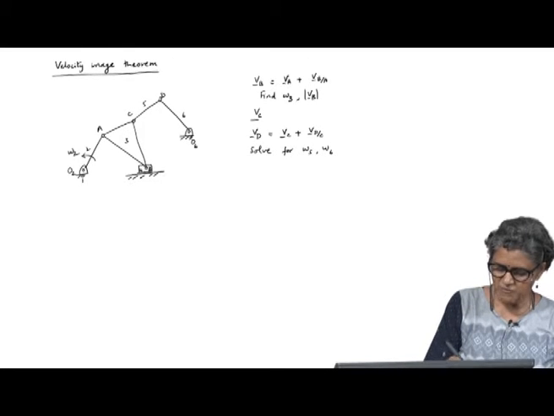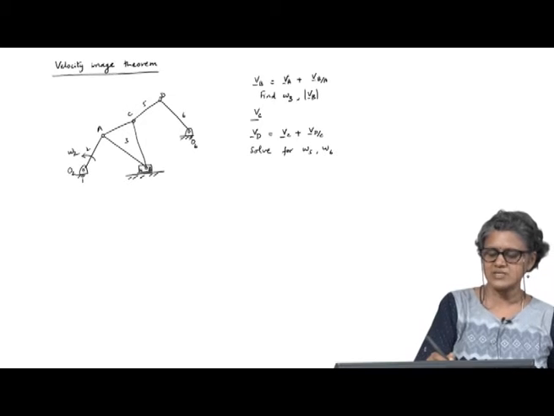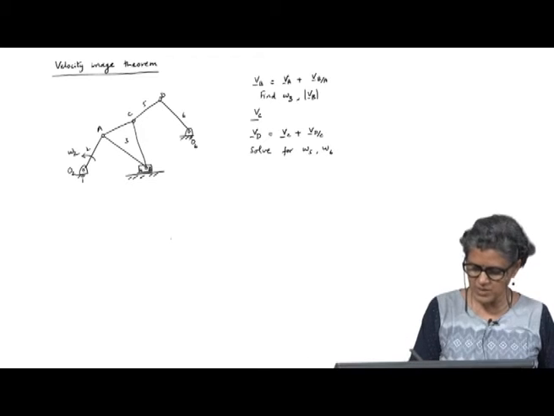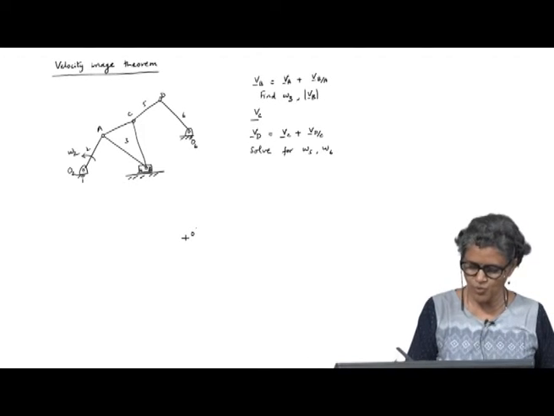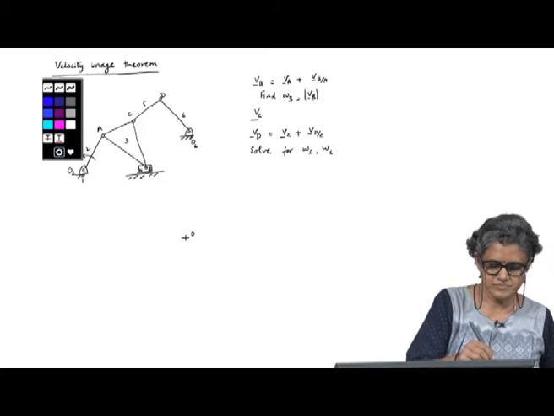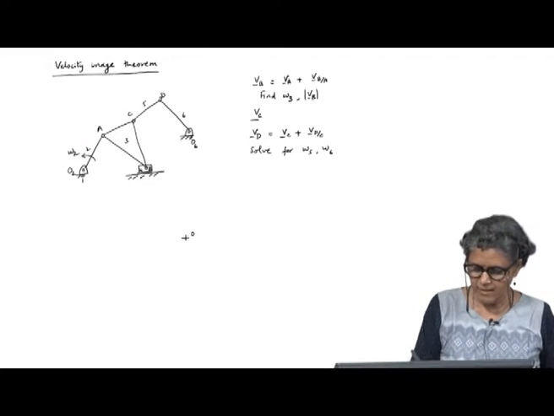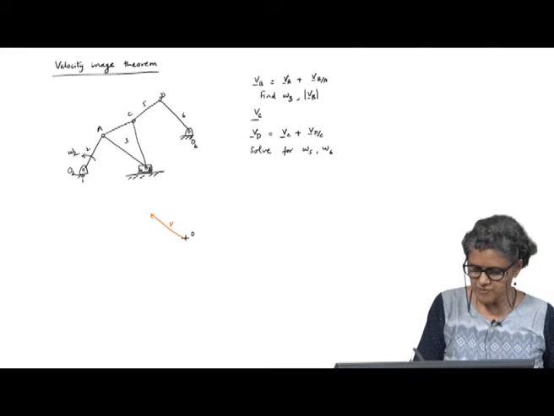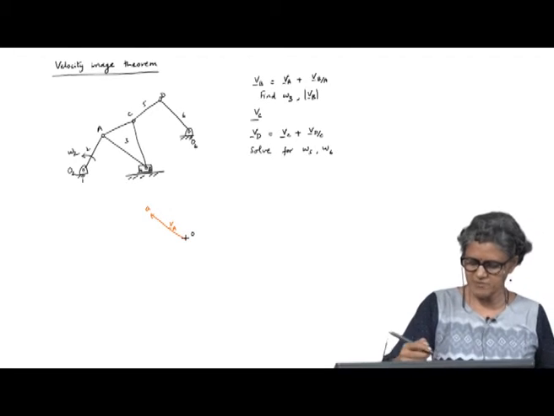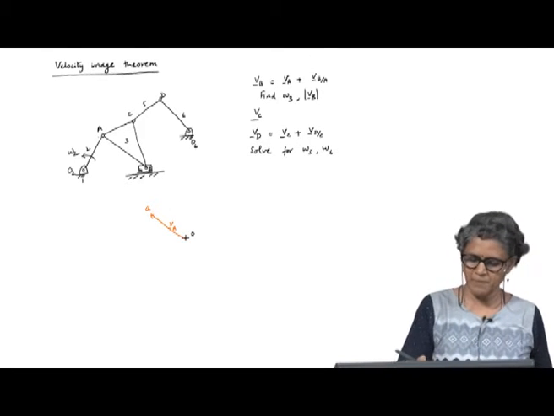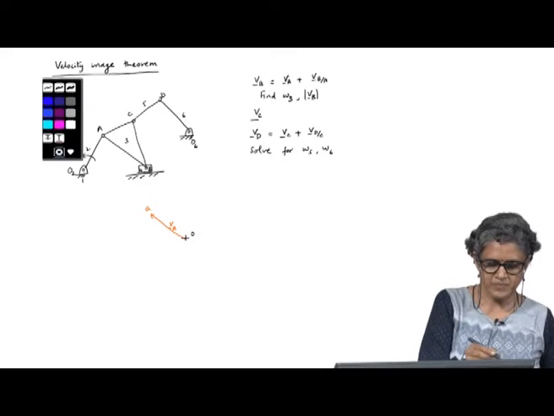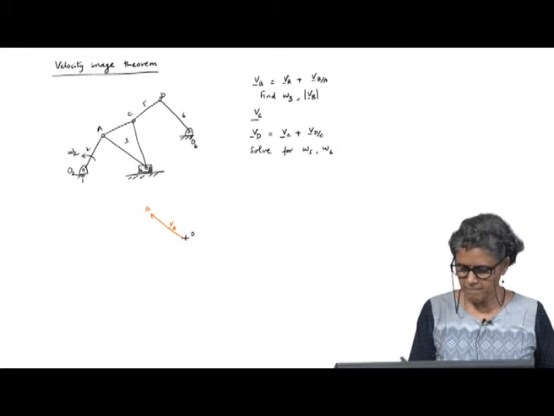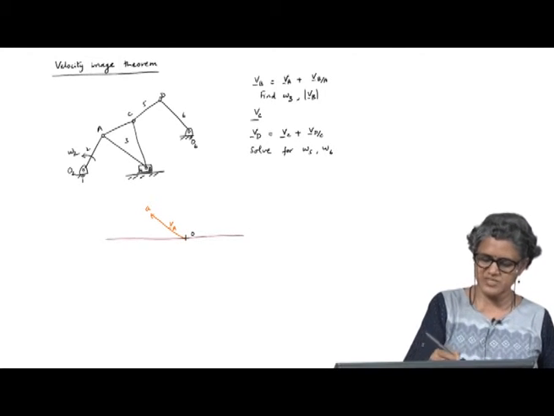The velocity image theorem will help you find the velocities of, say, point C. We saw that yesterday. So, if I just do the velocity analysis of this, I have O, I have the velocity of A, okay, which is perpendicular to O to A, and then I know the absolute velocity of B is along this path.